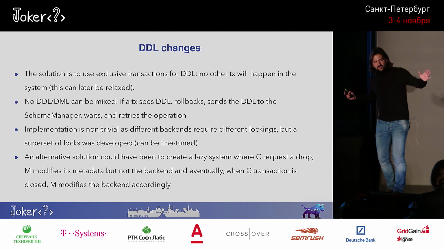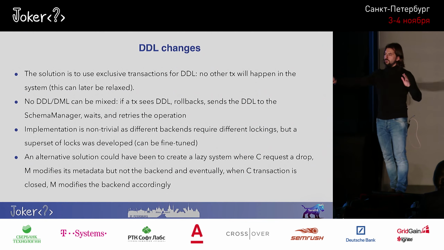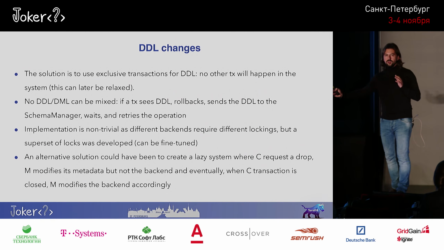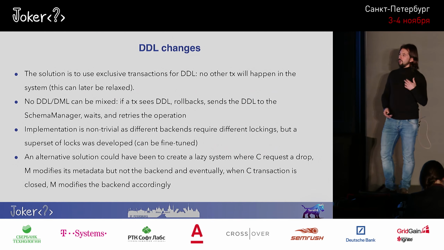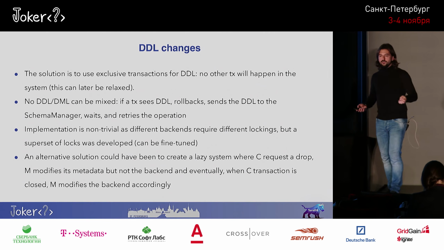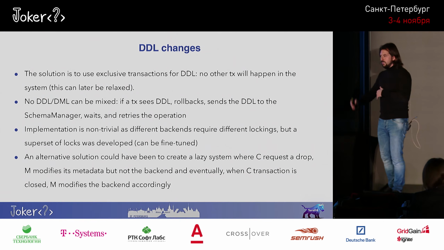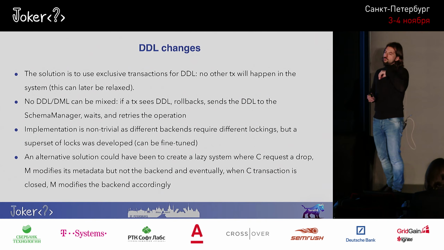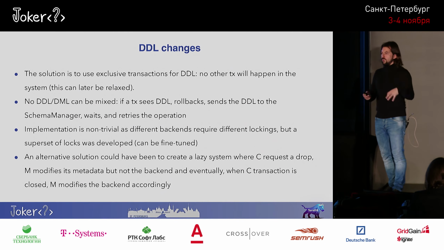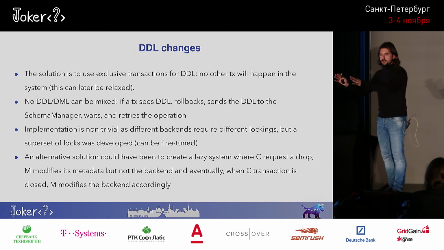So if we wait until the end of the batch to look for any DDL operation, we're wasting a lot of resources. A lot of rows that could have been already inserted are waiting. So rather than doing that, because after all, DDL operations are quite infrequent, it's just adding new fields and so forth, what we do is whenever we start inserting data, and if we find a DDL operation, then we roll back the transaction, discard the data that we just inserted, take the DDL operation, stop the world, execute it, and then retry the original transaction.